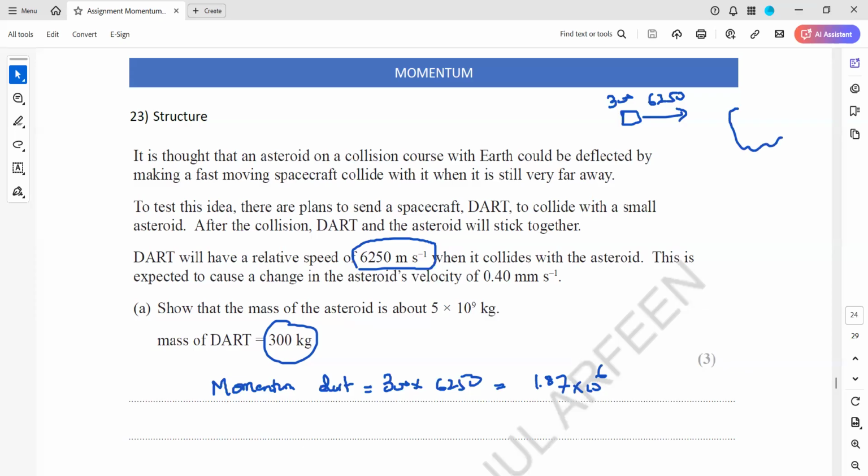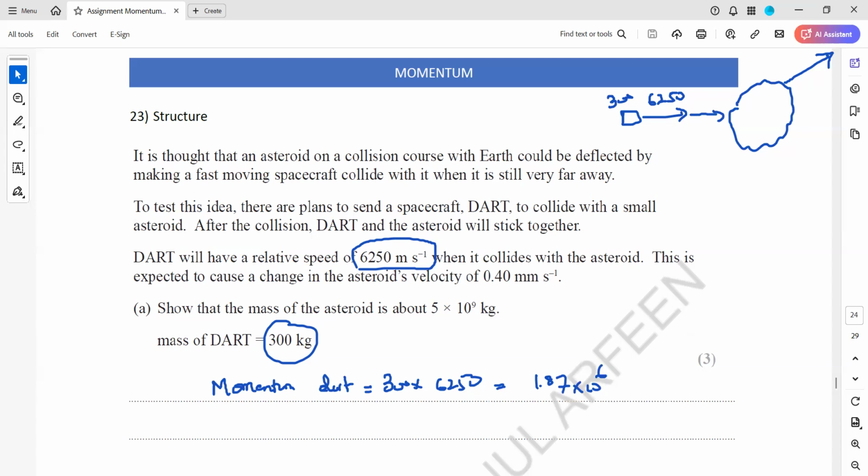Okay. Let's say it collides with an asteroid. When it collides with an asteroid, they stick together and move. So already the asteroid was moving. And then what will happen? It gained this momentum. This is the additional momentum which the asteroid will gain, a change in the momentum for the asteroid.